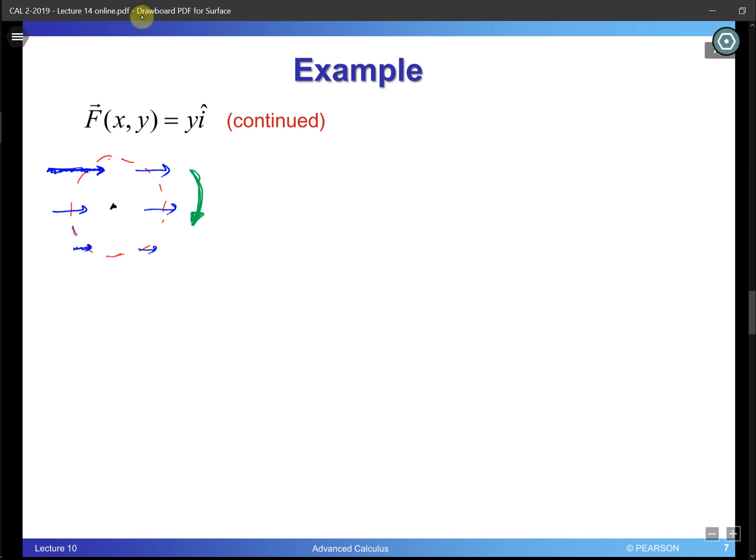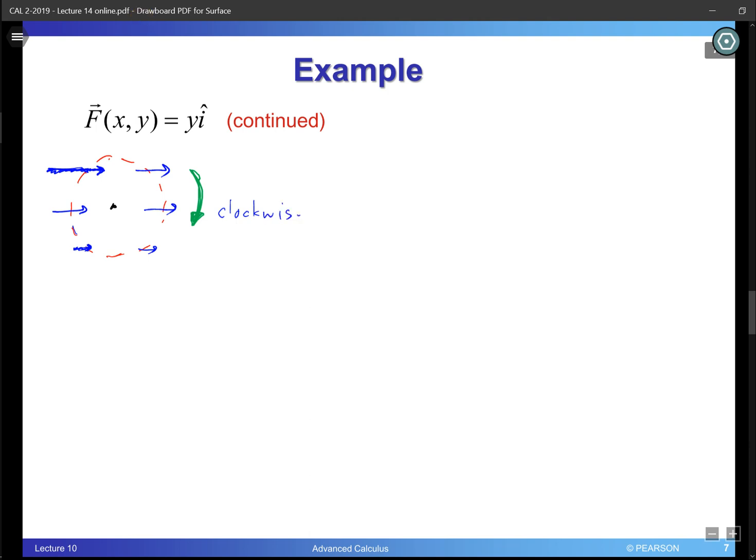It doesn't matter with the other side of the flow. As you can see here, more force in the upper part is going to cause the disk to circulate in this direction, and it's clockwise.